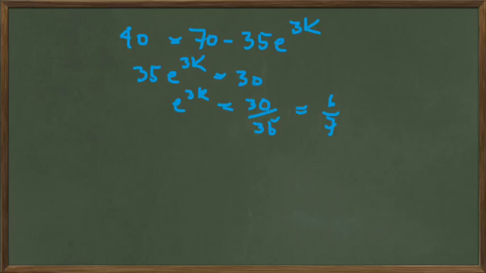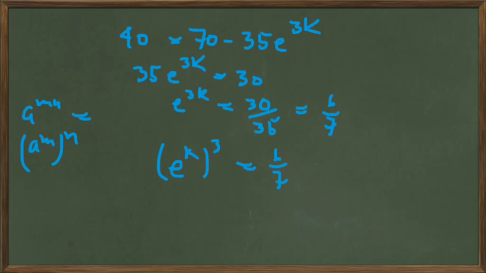Let's say that e to the 3k is 6/7, so e to the k to the third, right? Because a to the mn is a to the m to the n. So e to the k to the third is 6/7, and taking cube roots of both sides, we get e to the k is 6/7 to the 1/3 power.